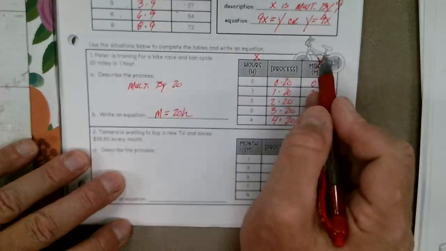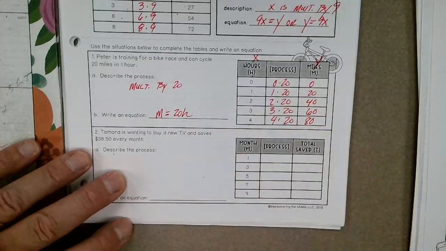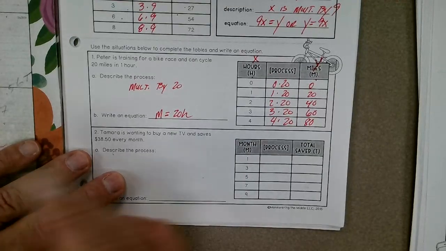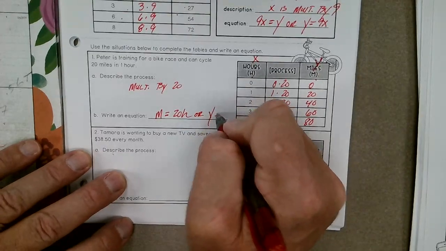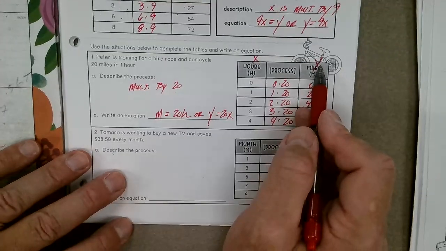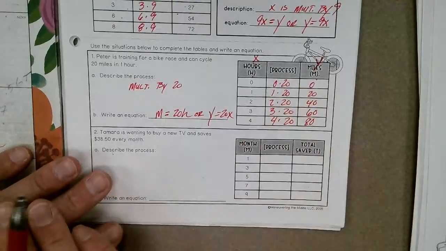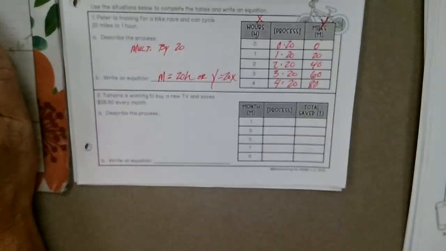This has always been x and this has always been y, but sometimes they give us different variables to use, and we should use those. We could also write this as y equals 20x, because traditionally, that is what these two columns are called.